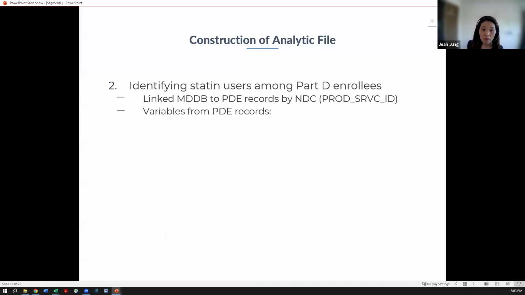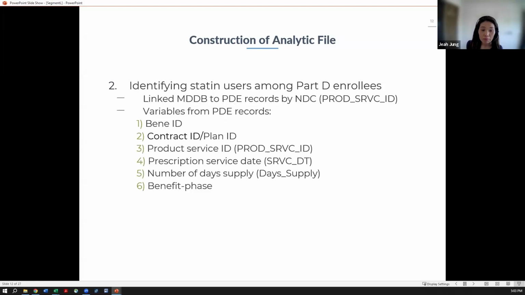Next step is identifying statin users among Part D enrollees. So we linked this Medspan data to PDE records by NDC. And from the PDE file, we kept only variables that we need. So what variables do we need? Of course, we need the Benny ID and contract ID and plan ID and product service ID.